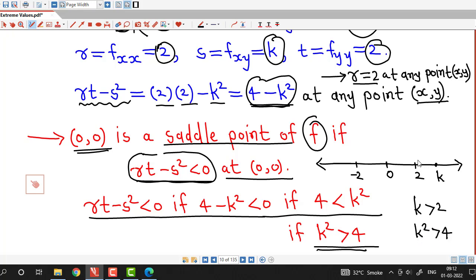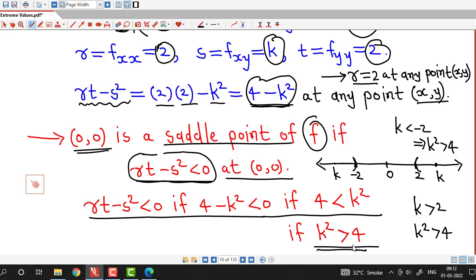So one possibility is k is greater than 2. Another possibility is here, k is less than minus 2. If k is less than minus 2, then also k square is going to be bigger than 4.